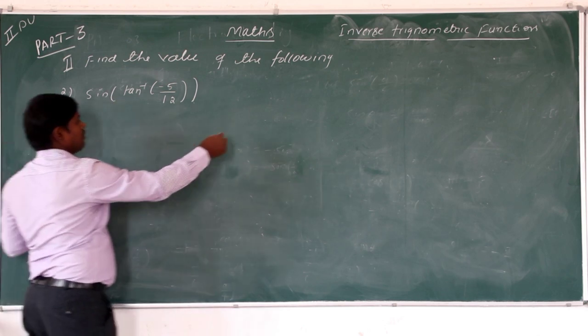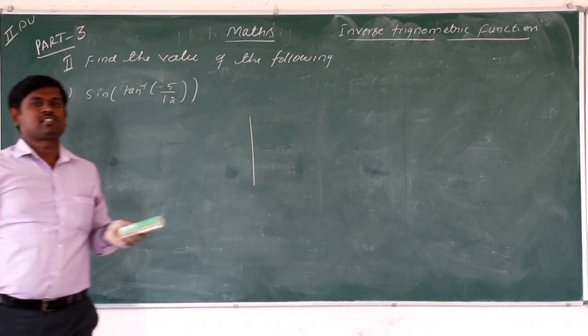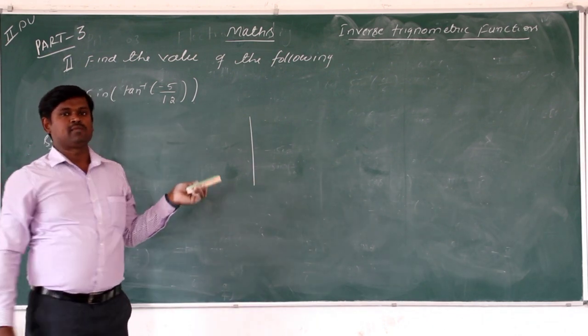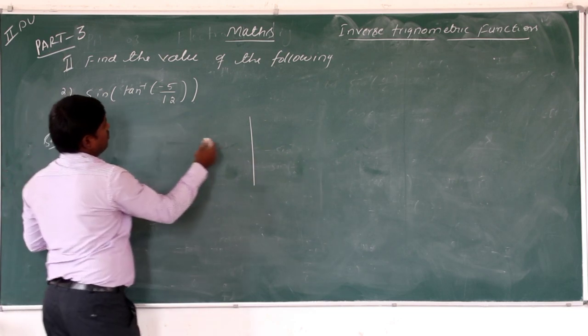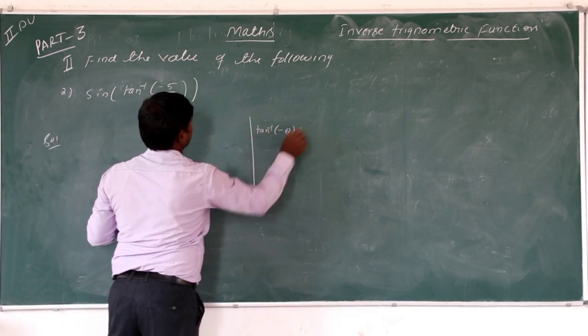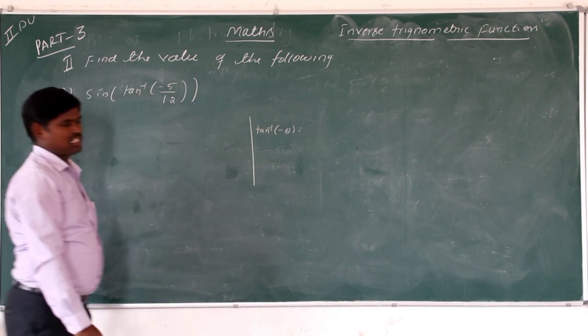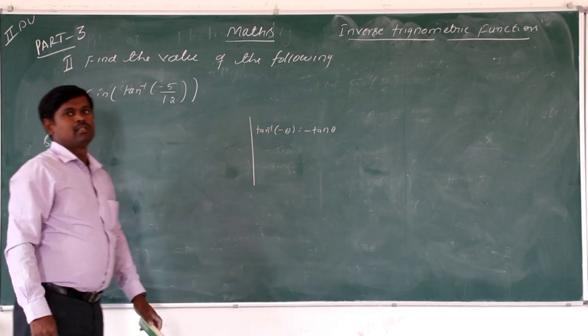You know the properties. Properties are very important. Unless you know the properties, it is very difficult to understand the problems. So tan inverse of minus theta is equal to what? Minus tan inverse theta.